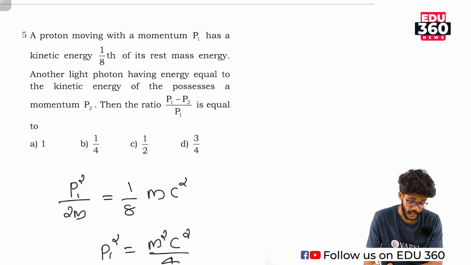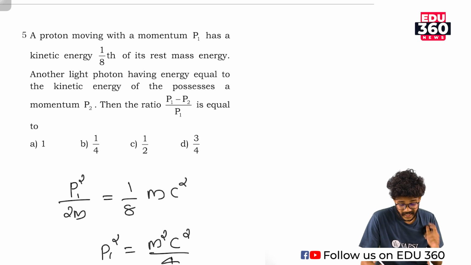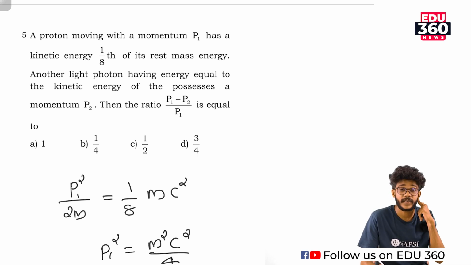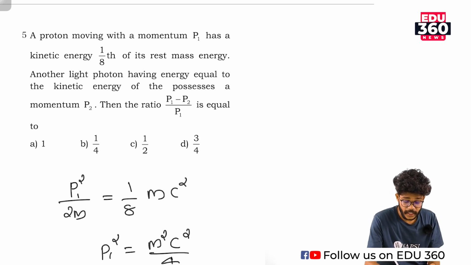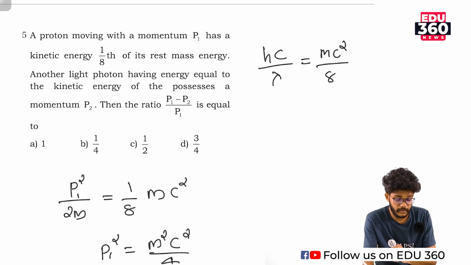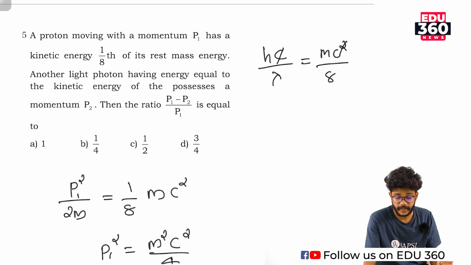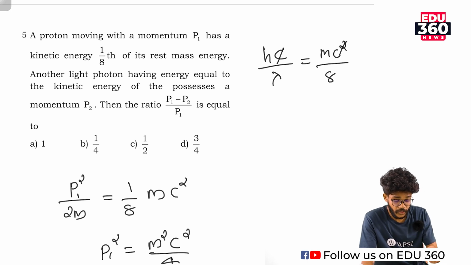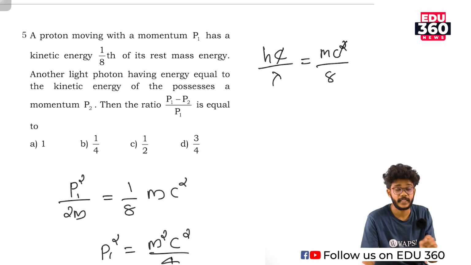about p2. What is p2? I already said that the second one is a photon. So the equation connecting the photon is hc by lambda, which is the energy, and that is equal to mc square by 8, because the photon has energy equal to the kinetic energy, which is 1 by 8 of the rest mass energy.